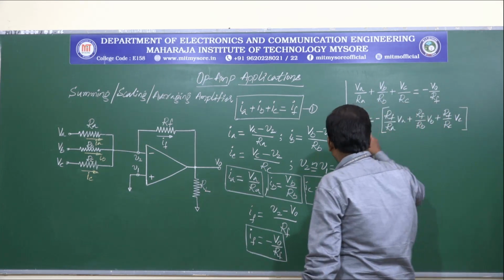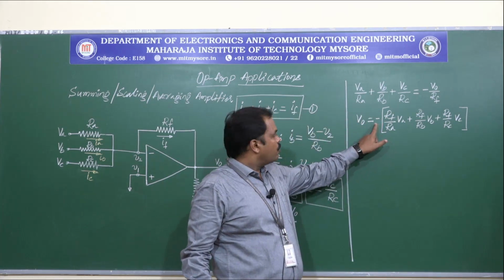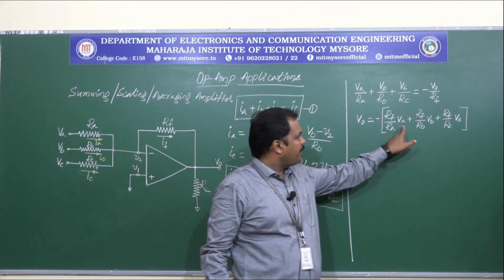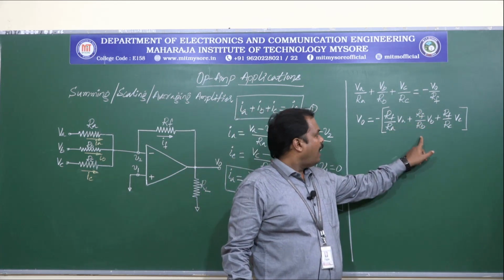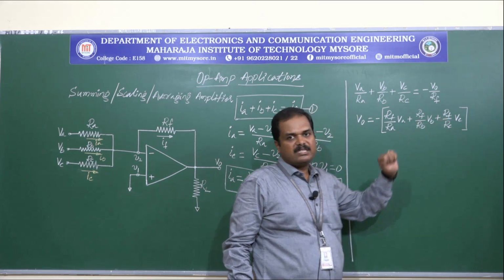So here we have an expression for V0 which is equal to minus RF by RA into VA plus RF by RB into VB plus RF by RC into VC.